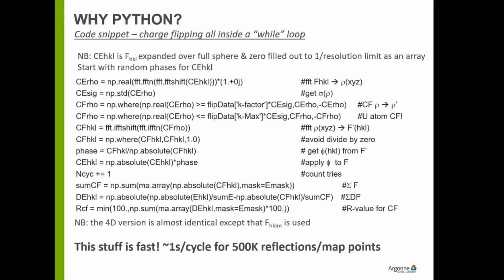So it's about what? Less than some lines. And it's about a second a cycle on an old laptop. It's probably faster than the one I've got back there for 500,000 reflections. It does require a lot of memory. It's all double precision.